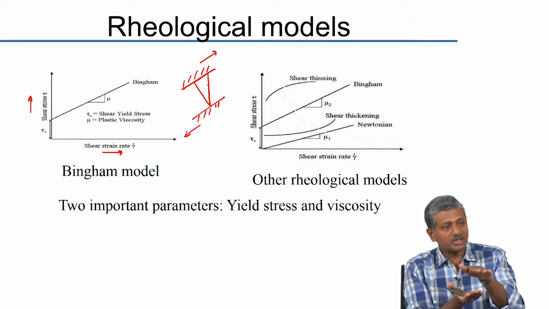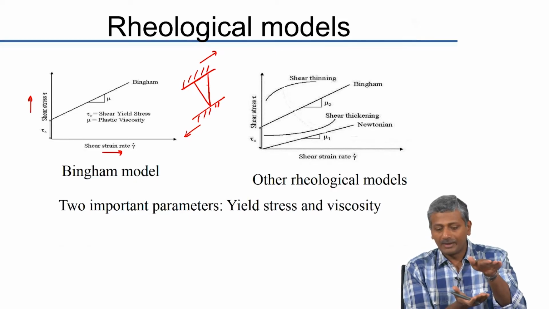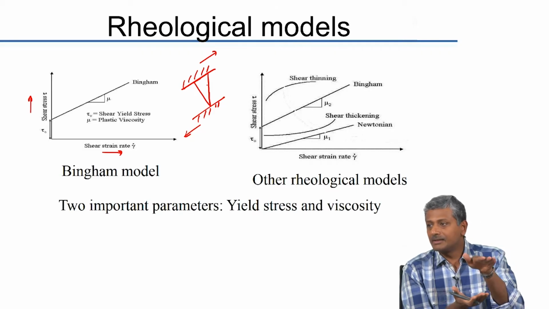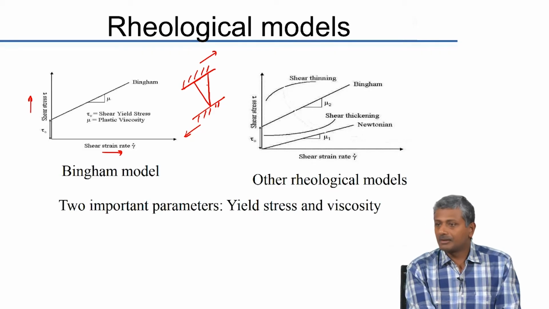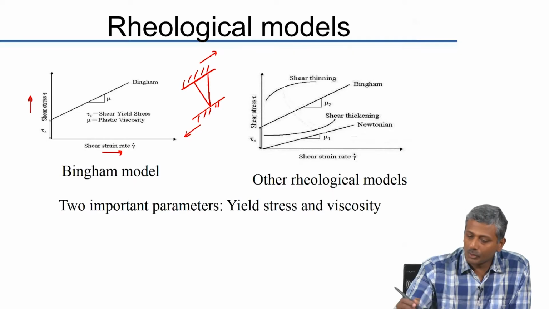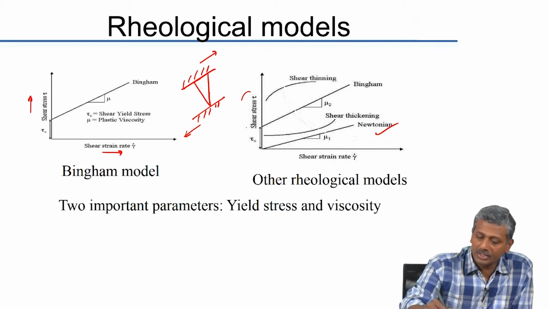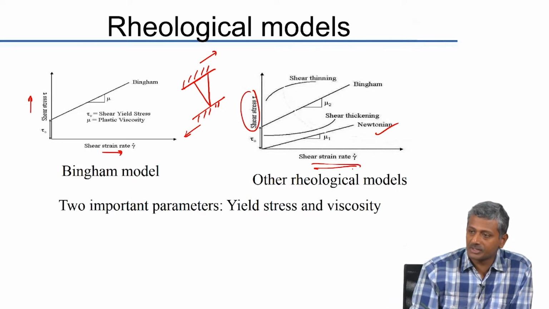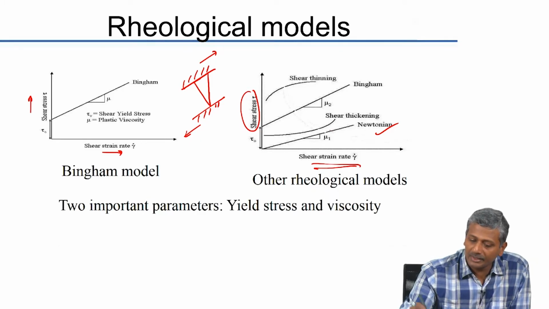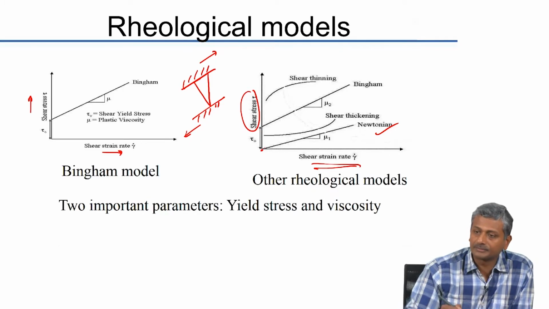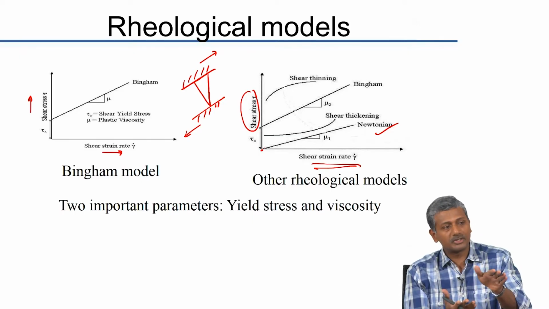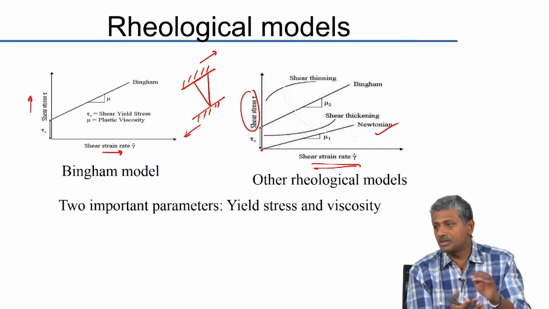So, as soon as it starts shearing, the fluid starts moving, okay, and the rate of shear and the shear stress have a proportionality. So, if you look at a Newtonian fluid, the shear stress and the rate of shear, that is the shear strain rate, have a linear relationship starting from the origin. That means as soon as you apply the shear, there is flow that is initiated in the material.